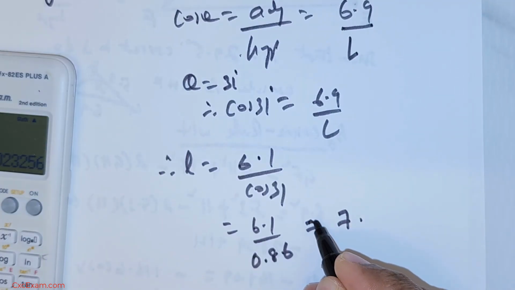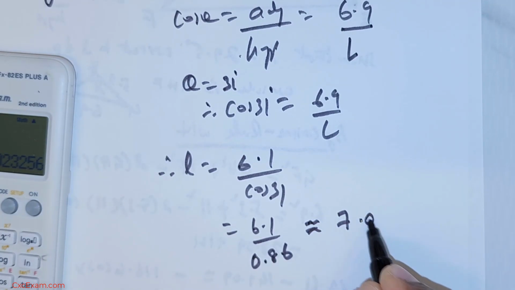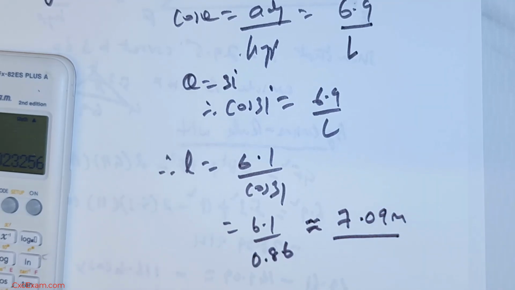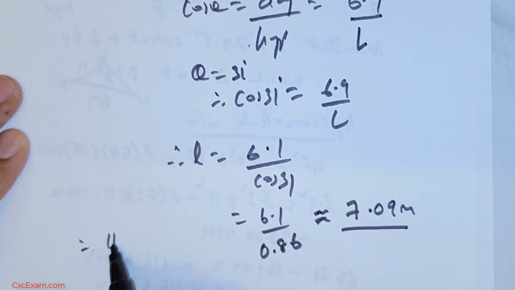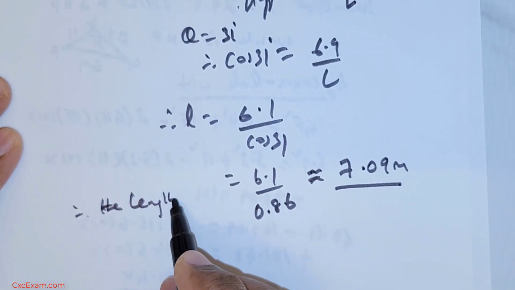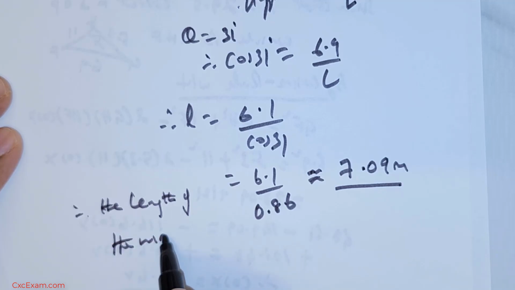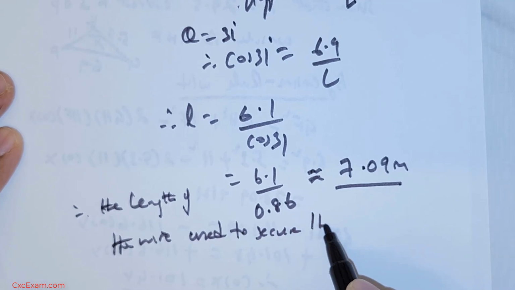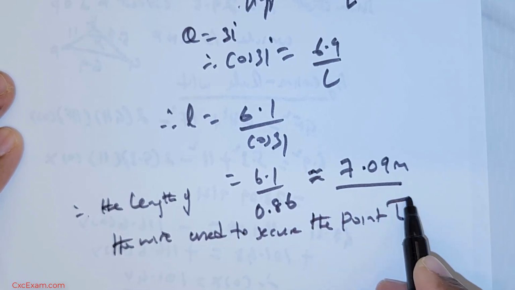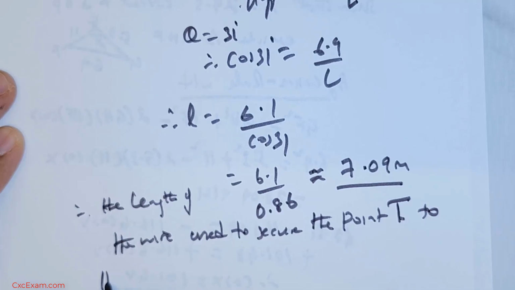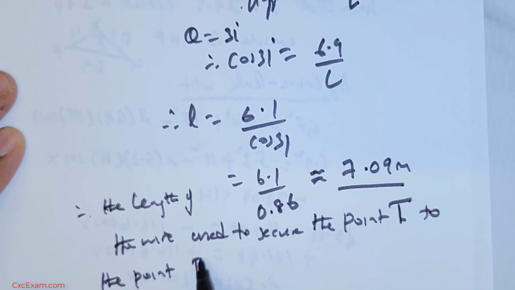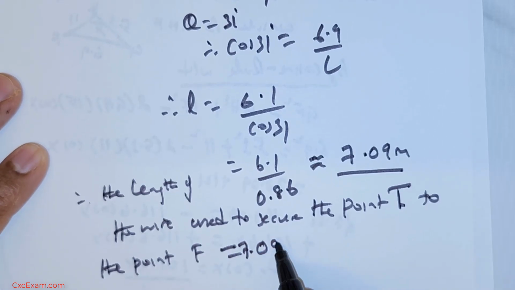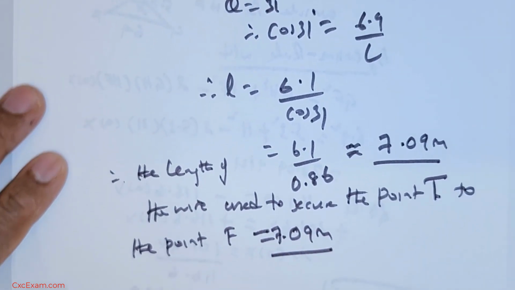So this is approximately around 7.09 meters. Okay, so you can simply state here, therefore the length of the wire used to secure the point T to the point F is actually 7.09 meters. Okay.